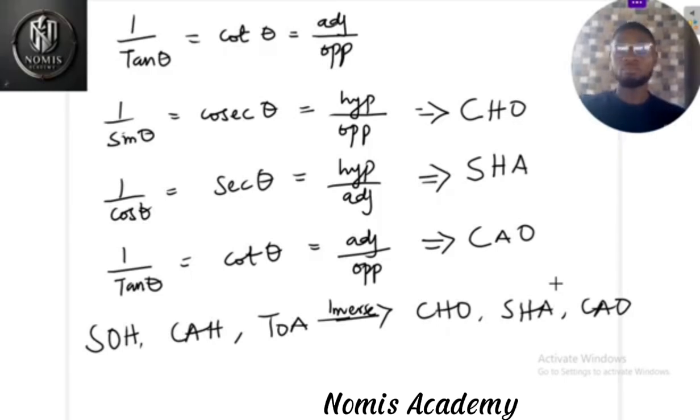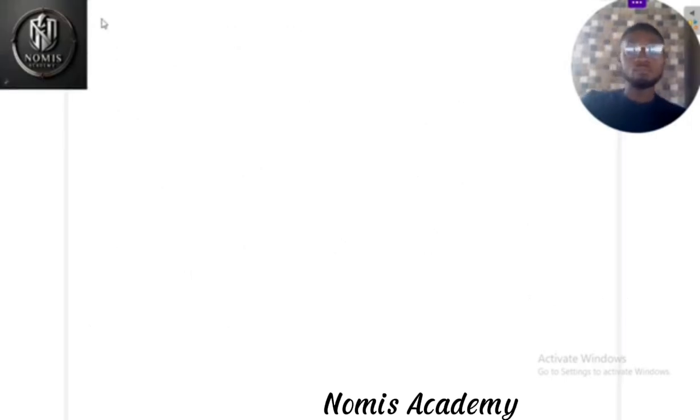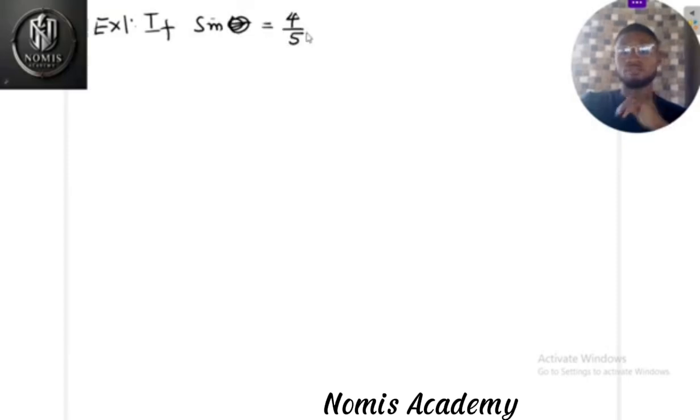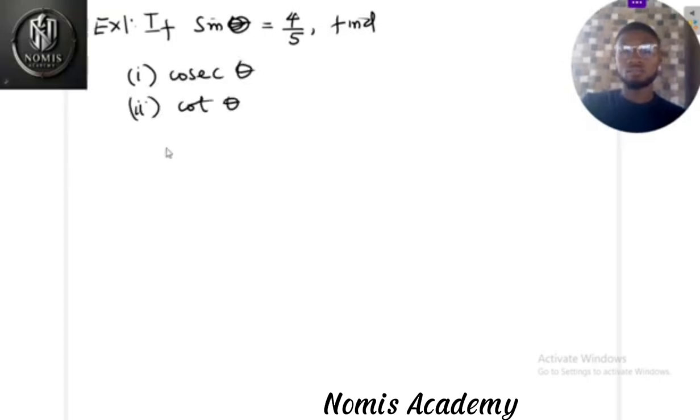So let's take example 1. Example 1 says that if sine theta is equal to 4 over 5, find Roman figure 1, cosec theta, Roman figure 2, cot theta, Roman figure 3, sec theta.